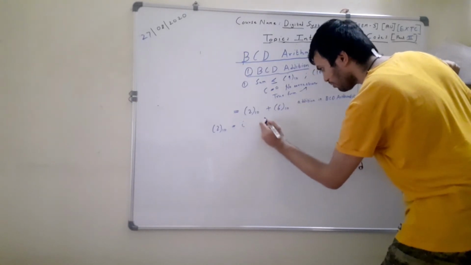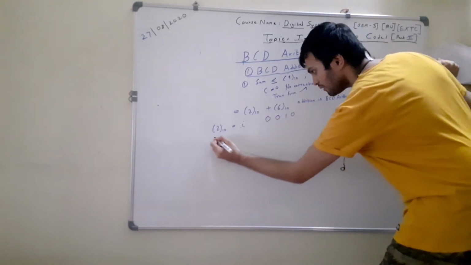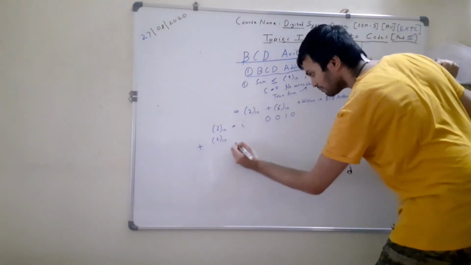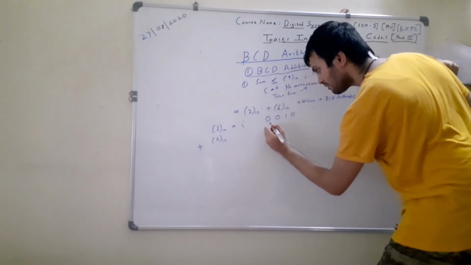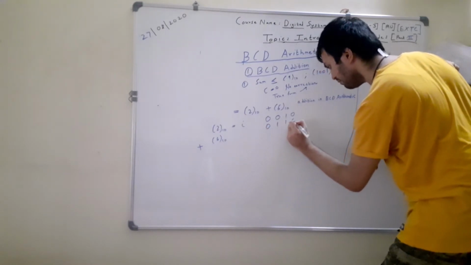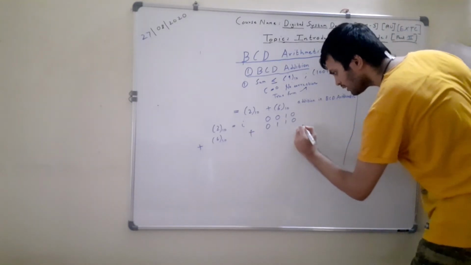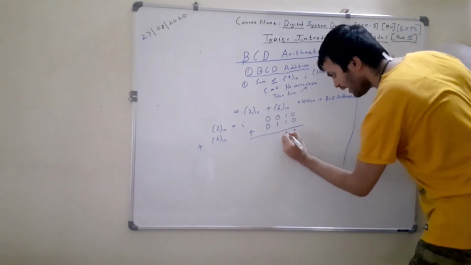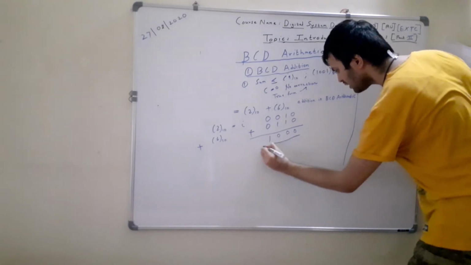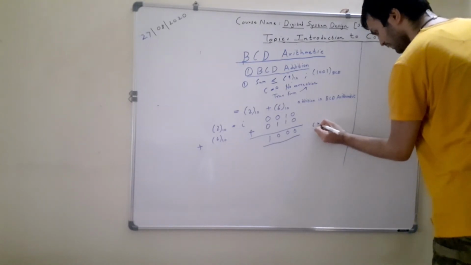The BCD representation for 2 is 0010. The representation for 6 is 0110. Now we simply add them. This is our final answer and no carry is generated.